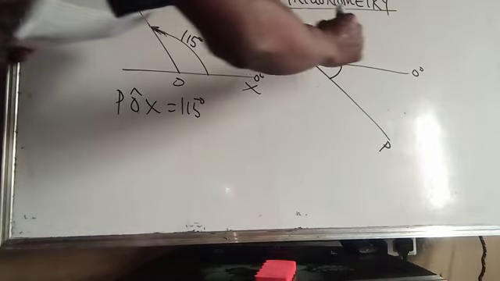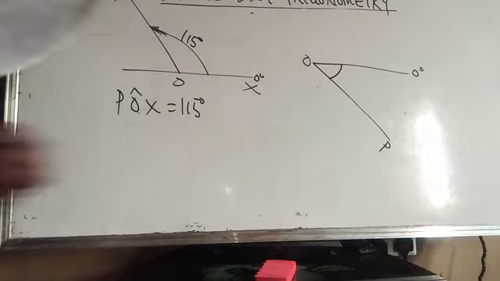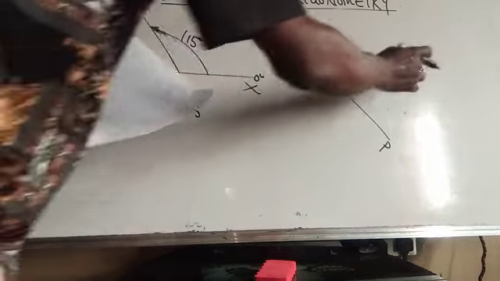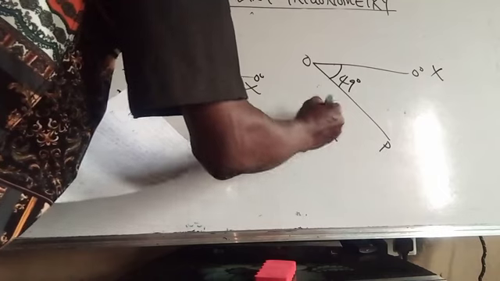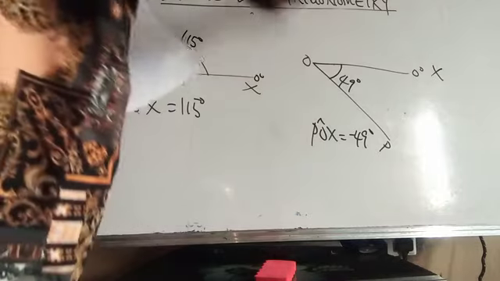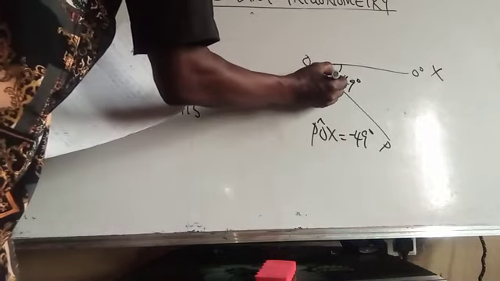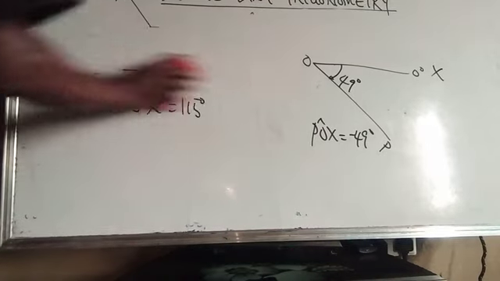Now, since this is moving in line with the hands of the clock, if this is 49 degree, then POX here is going to be minus 49 degree, because the movement here is clockwise. You can see the arrow moving clockwise. So generally, an angle of rotation is subject to the sense in which the hands move.